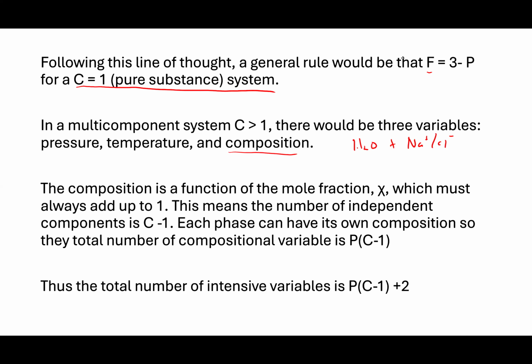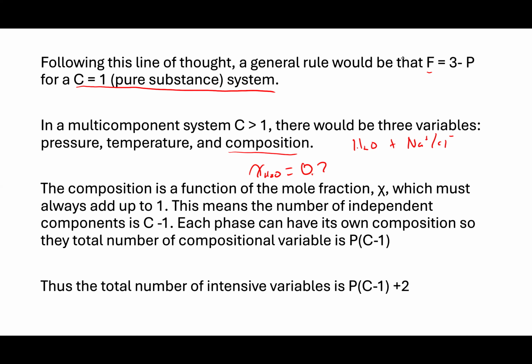Our mole fraction always has to add up to 1, because mole fraction is saying, of all the moles, what percentage is water and what percentage is sodium chloride. So it always has to add up to 100%. This means the number of independent components is C minus 1. That makes sense? So let's say that we determine that the mole fraction of H2O is 0.7.